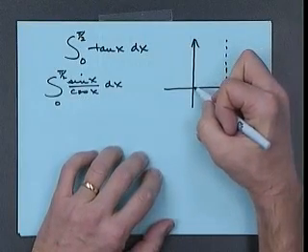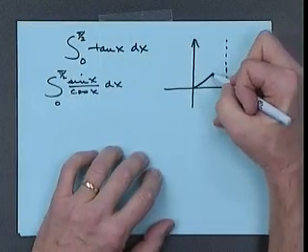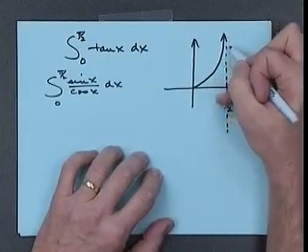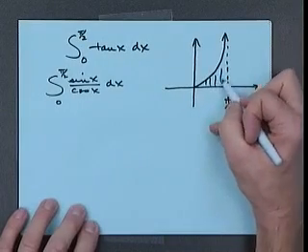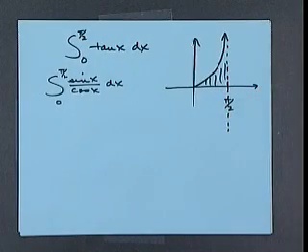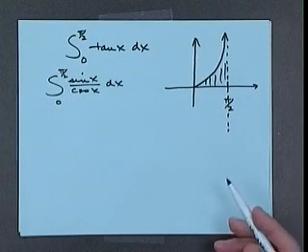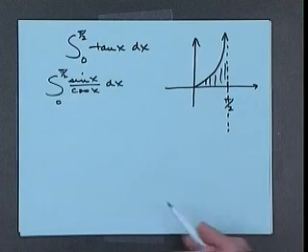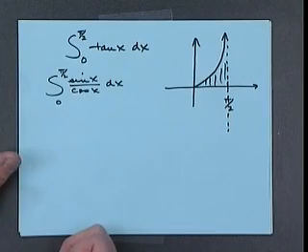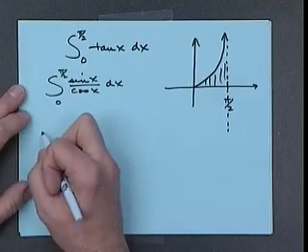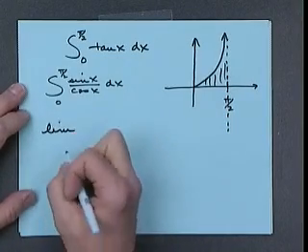Tangent of 0 is 0. Tangent of pi over 4 is 1 in the tangent graph. So I hope that's the visual image that you have of the tangent. Is it possible to find the area under that curve? Again, we look at the picture and we think there's not, but we really don't know until we evaluate this integral. So the bad value, let's save it till the end of the problem, is pi over 2.